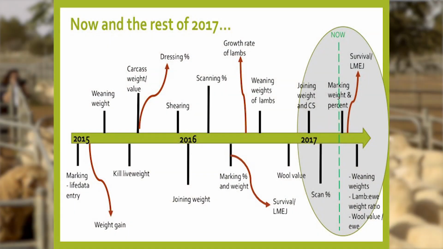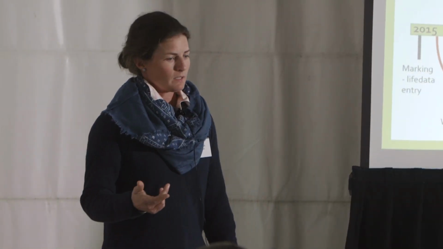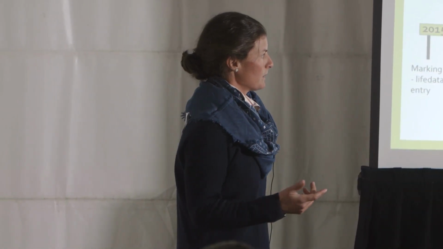And then, coming along to where we are today, these ewes outside are now 2 years old. They're about to have their second lamb, so they weaned the lamb, they got back in lamb, and I took their adult weight, their condition score, and a scanning percentage.